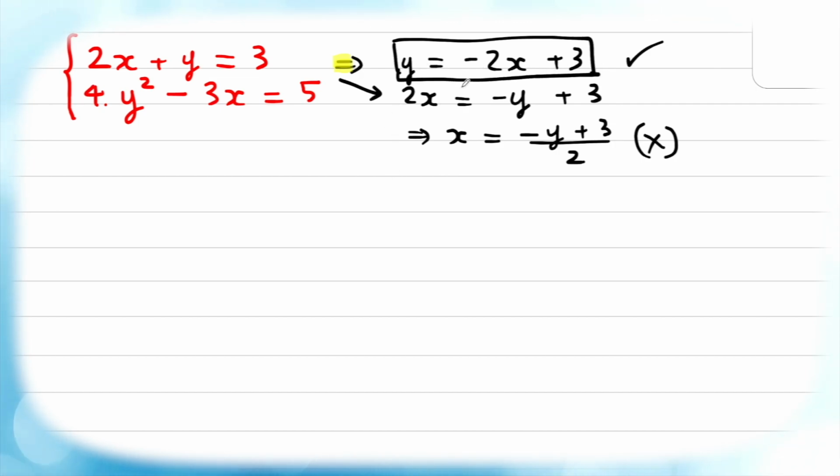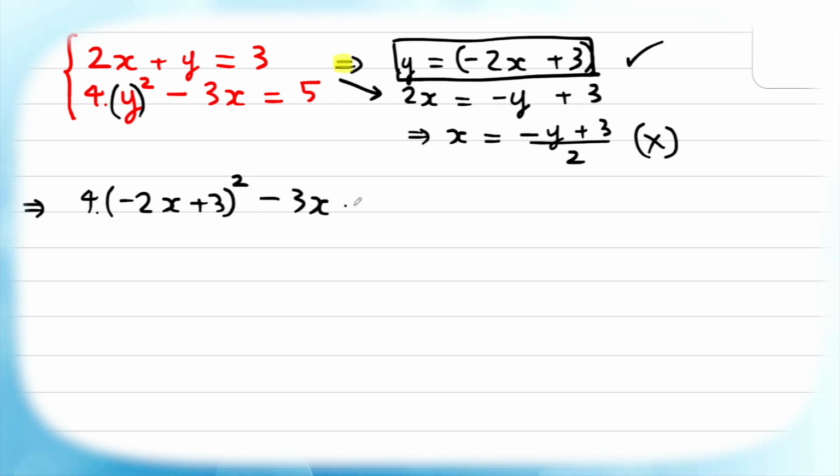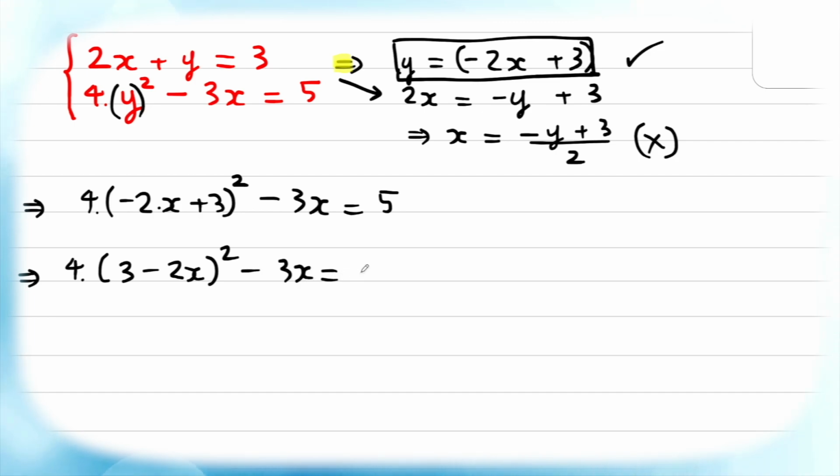With y as the subject, y is in the bracket here, so I will put this expression into the bracket, substitution using bracket. So (−2x + 3) squared, and minus 3x equal to 5. I change the position a little before using the perfect square. (−2x + 3) I will convert to (3 − 2x), and minus 3x equal to 5.